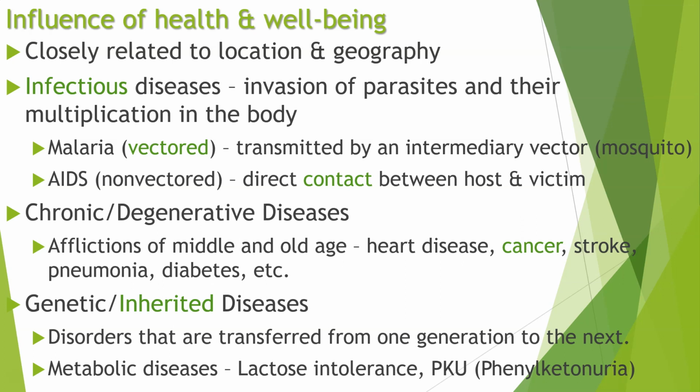And then metabolic diseases, lactose intolerance, and the like. So again, the impact of disease on health and well-being, somewhat related to the physical location of the state and the population, somewhat related to where they are in the development process, to the ability of generations to pass things down.